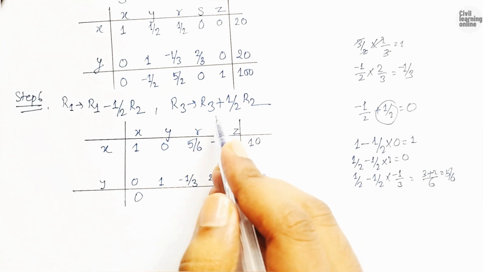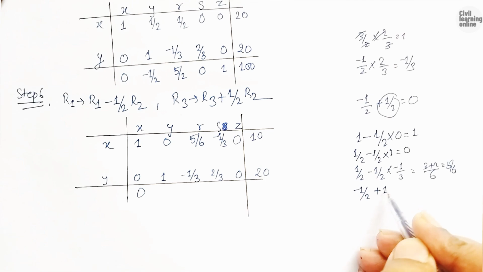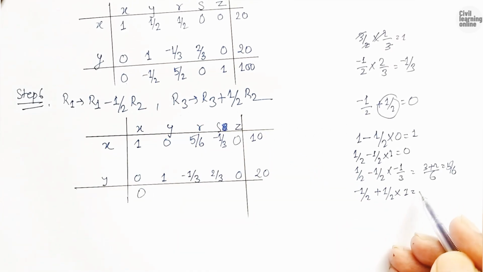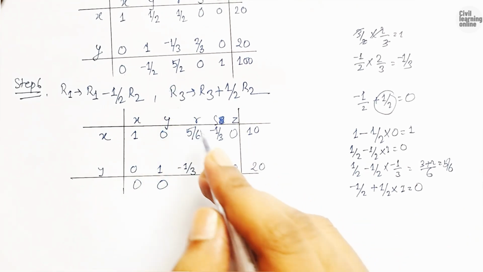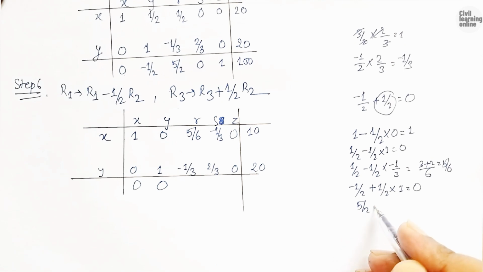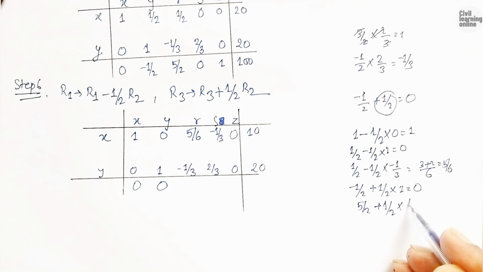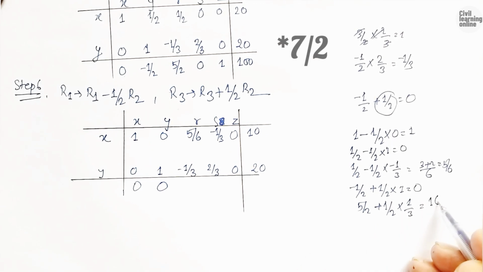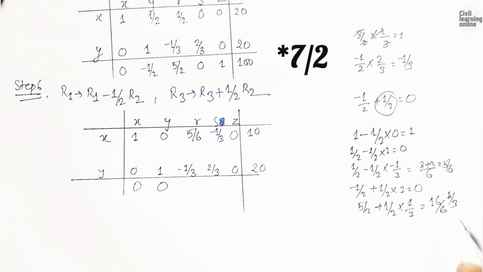Then we have minus 1 by 2 plus 1 by 2 times 1, so we will have 0 here. Now we have 5 by 2 plus 1 by 2 times 1 by 3, means 15 plus 1, which is 16 by 6, so we will have 8 by 3 here.